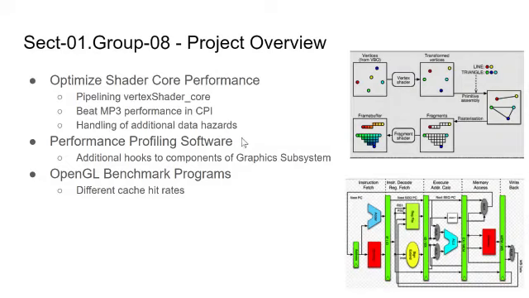And then also I want to make some OpenGL benchmark programs to try to stress different parts of the shader core and potentially different parts of our pipeline in general.